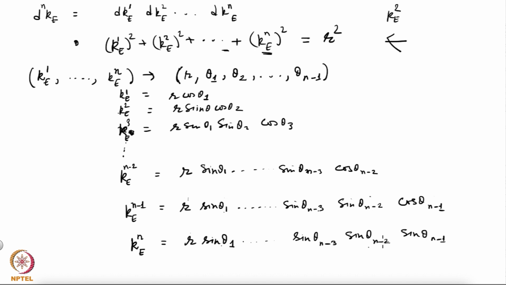So, you see every time you are adding a square of the previous coordinate, the last angle is dropping out. Okay.